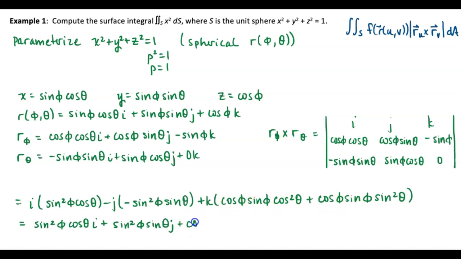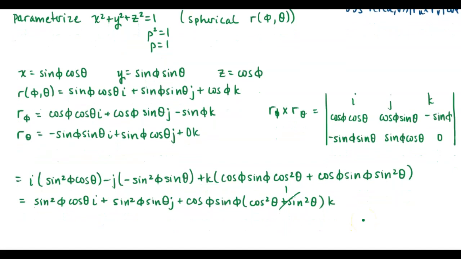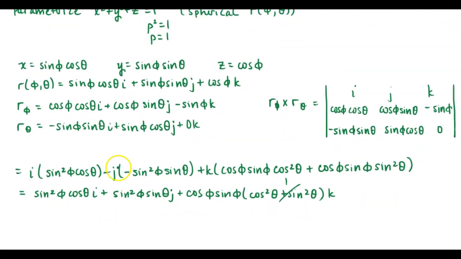So if I take that cosine of phi, sine of phi, and I factor out a cosine of theta squared plus a sine of theta squared, okay, well, cosine of theta squared plus sine of theta squared is just 1. And so in that k term, I am just left with the cosine of phi, sine of phi.